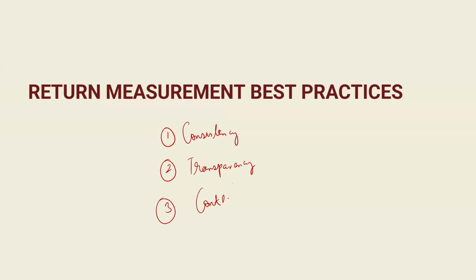And finally, the context is very, very important. See, the manager has to make sure that the return that he or she is able to generate, or the manager's firm is able to generate, has a proper comparison to appropriate benchmarks. Okay. And also they consider risk adjusted measures, which we have already introduced in prerequisite readings.